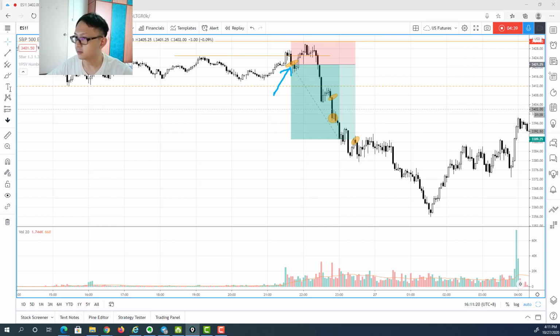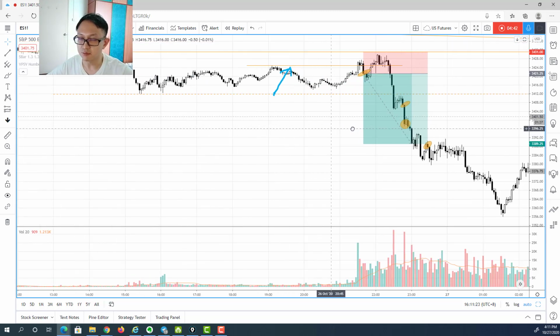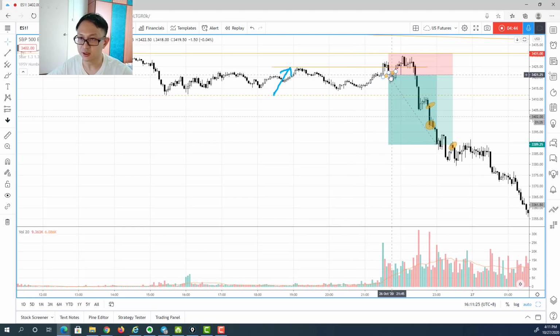Why is that? Although it gave me the most profits out of this entry alone, to me this is absolutely an early entry, because I was really in a bearish mindset. I just thought that the market was going to go down based on the rejection from the resistance zone and also the inability to rally up.